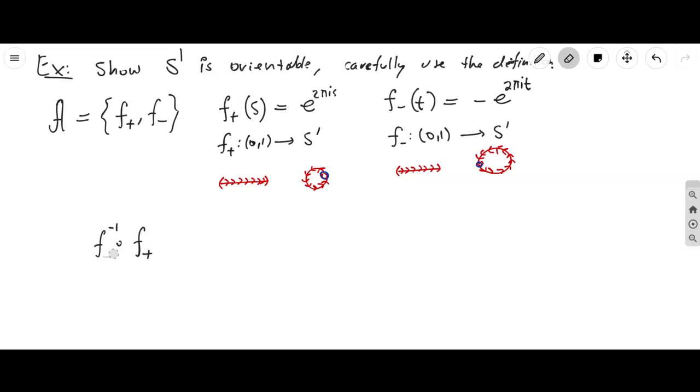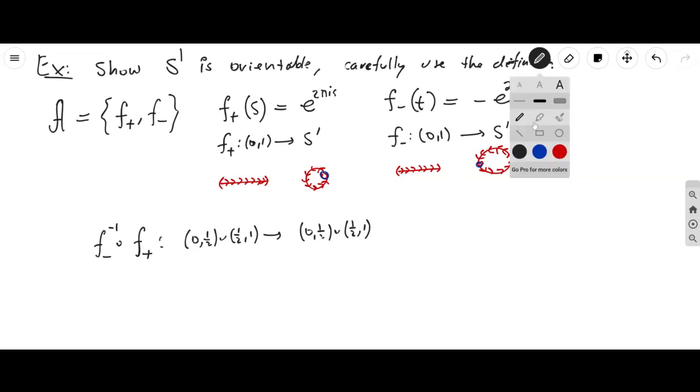And we saw that this composition is not actually defined on the entirety of the circle. It's defined on an open subset of the circle, on the union of these two open intervals, like this. Maybe I should make this a little bit more explicit. This is the mapping that we saw before.